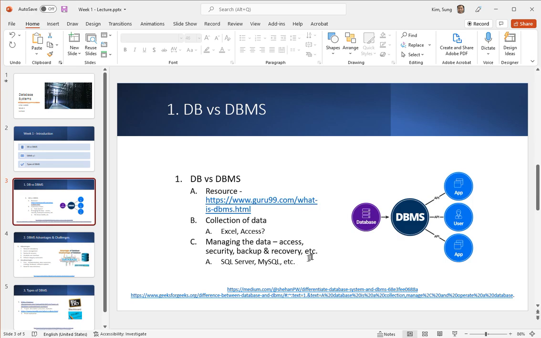A database management system is an add-on to a database, and is typically what is used in any enterprise system. Some examples would be Microsoft SQL Server and MySQL, and there are a whole bunch of them out there. So I'd like you to know the general distinction between database and database management systems.